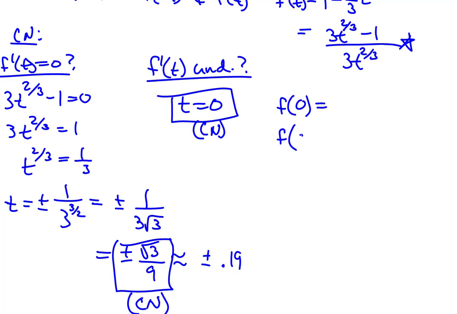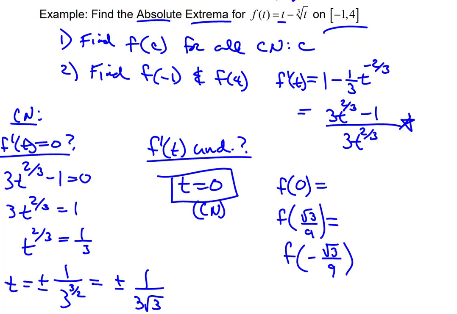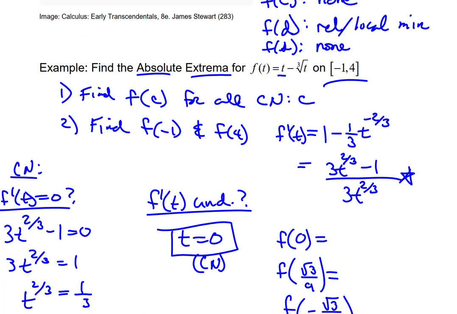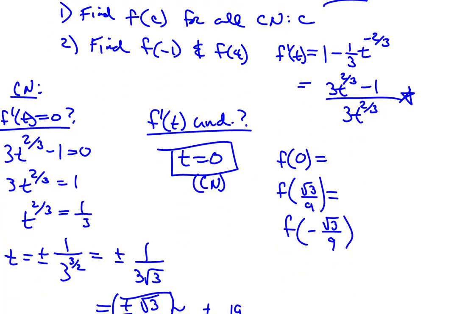We also want to find f of root 3 over 9, and then f of negative root 3 over 9. That was from those first option critical numbers we had found. That's what we want for step one in this process of searching for absolute extrema. The rest is just step two, which is finding the function evaluated at the endpoints. That would be f of negative 1 and f of 4.